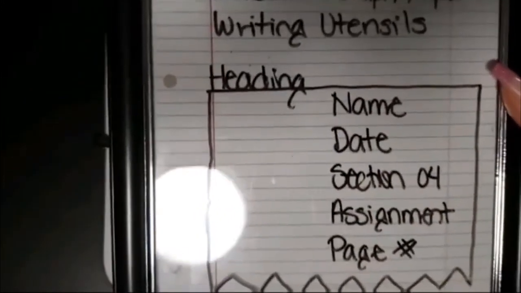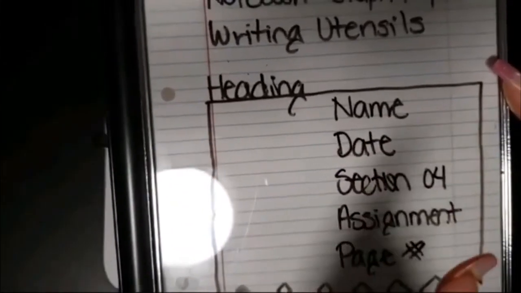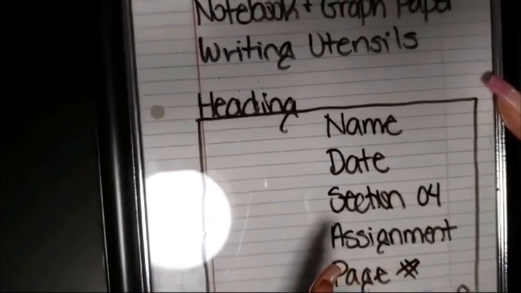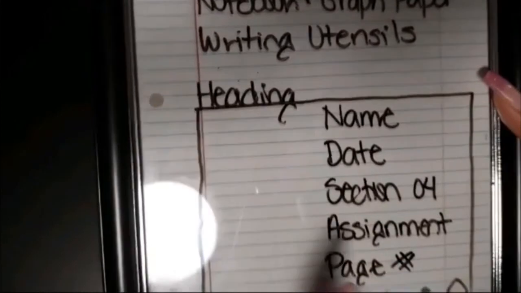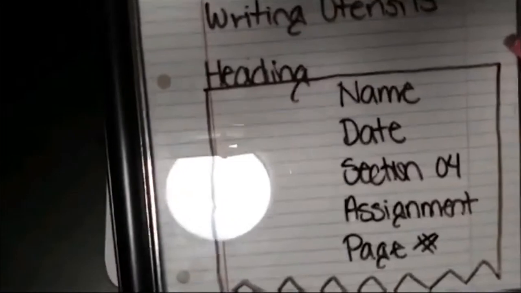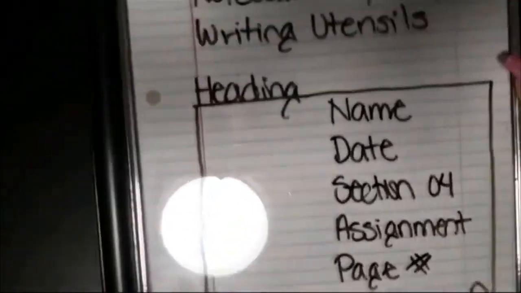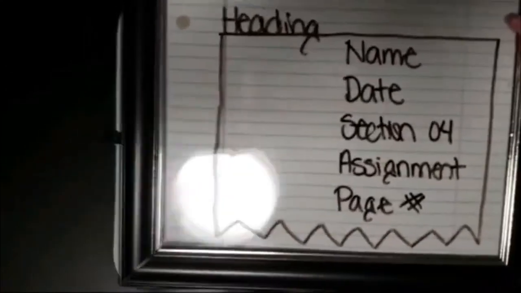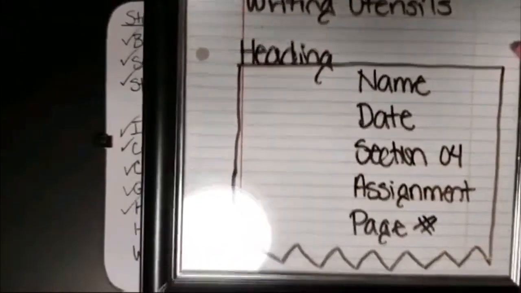That way, when you upload your pictures, I will know who you are, the date you did it, your section, which is section 4, the assignment, which will be Objective 1 homework or Objective 1 notes, whatever, and page 1. Well, page 1, of course, will be the first page, and then page 2, etc. All right. So that's how you will submit your work into Blackboard in case the pictures get out of order or anything like that. This will help keep everything organized.